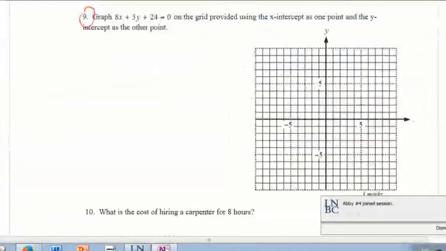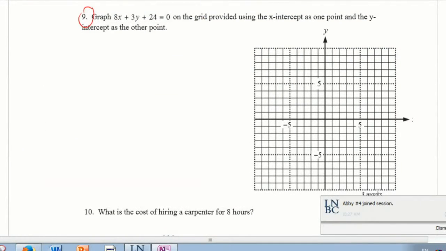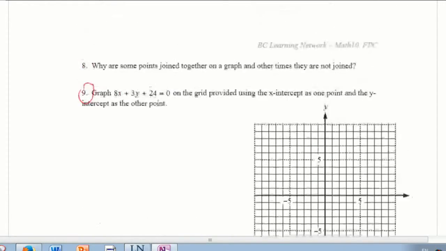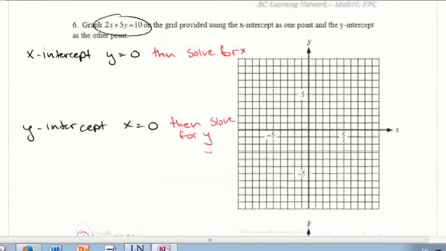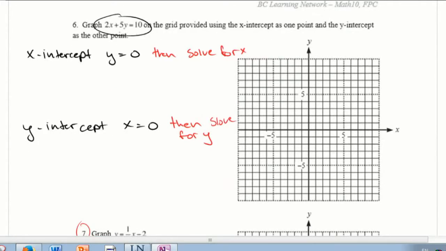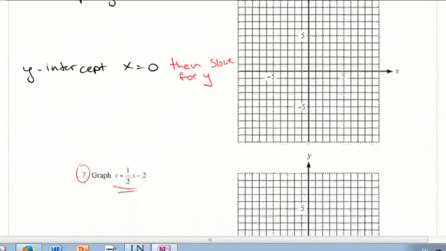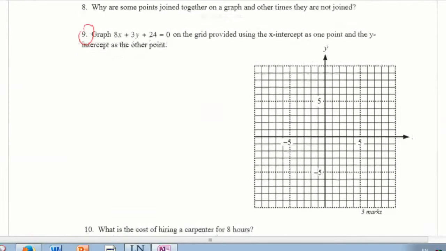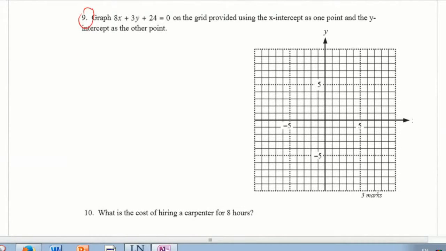Hopefully that's the right one, Daily. So this one's asking us to plot the x and y intercepts. And I think it was the question above. I just wrote a little note up here for number 6. So same sort of process for number 6 as number 9. Cool. So here we go.